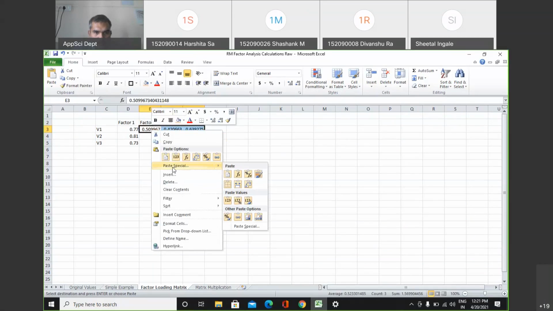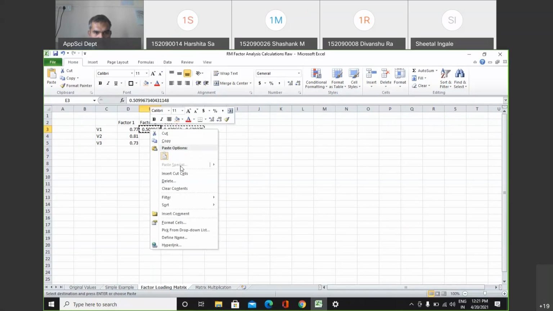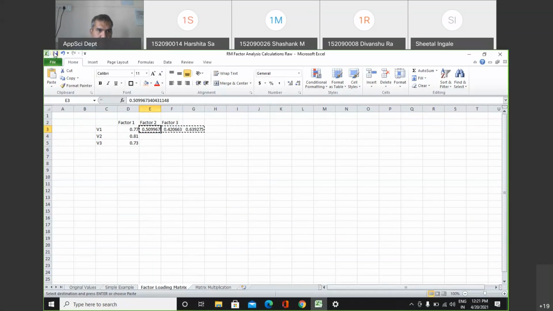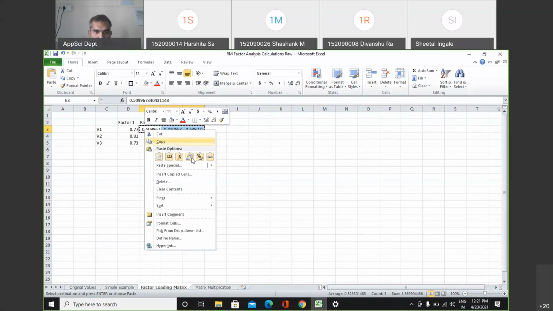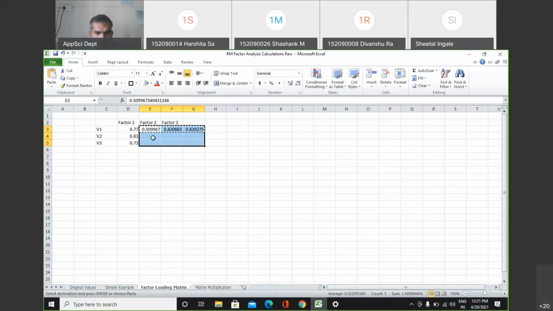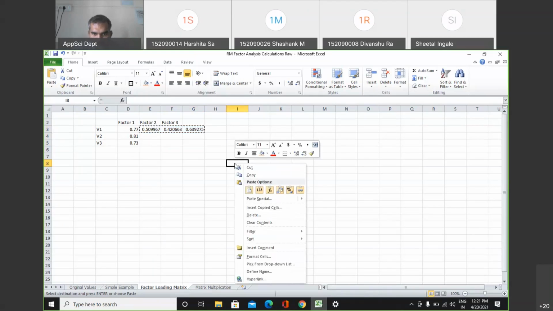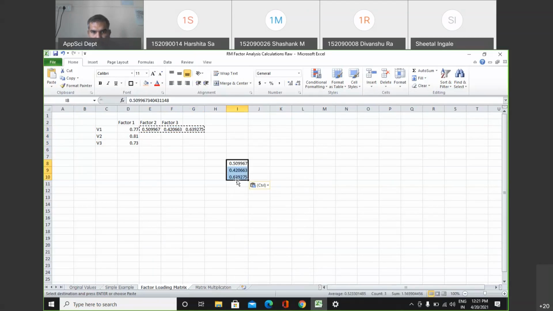First we do. I don't know why transpose rarely works. Ah, now it works. It has to be outside that.